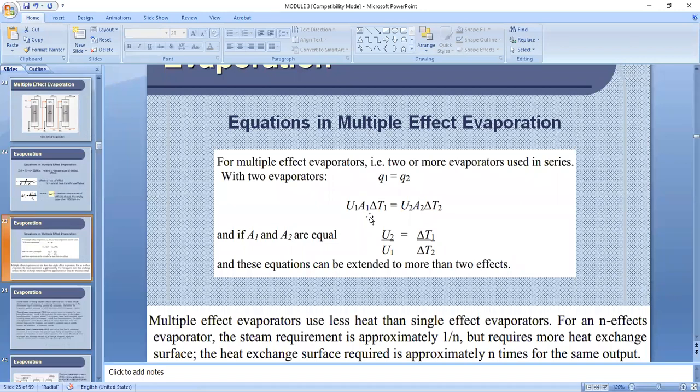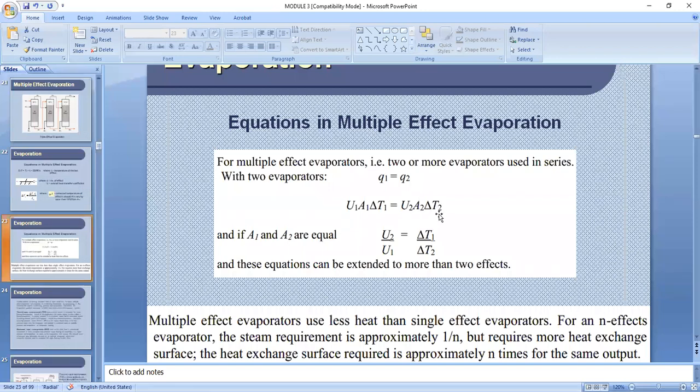The second assumption is that the amount of heat supplied to each of the effects is equal. So you have Q1 equal to Q2. In the process, we are allowed to equate what Q1 and Q2 represent as per our formula: U1A1 delta T1 is equal to U2A2 delta T2.